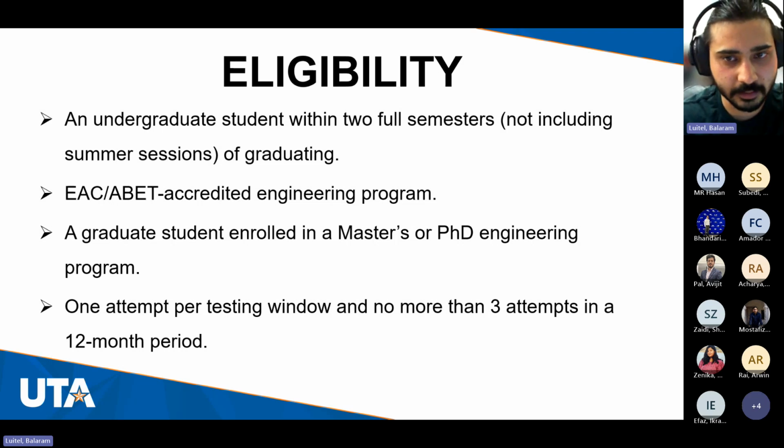If you are not actively a student, you can still take the FE exam, but the only requirement is that you have a bachelor's degree in engineering or a related science field. The exam is limited to one attempt per testing window and no more than three attempts in a 12-month period. The first window is January to March, and there are four windows in a year.